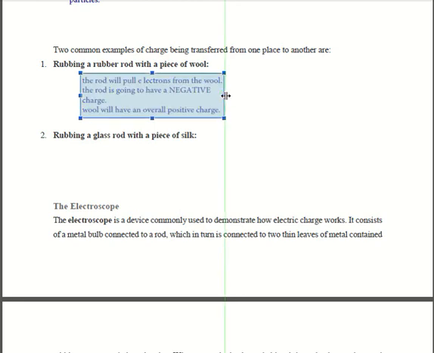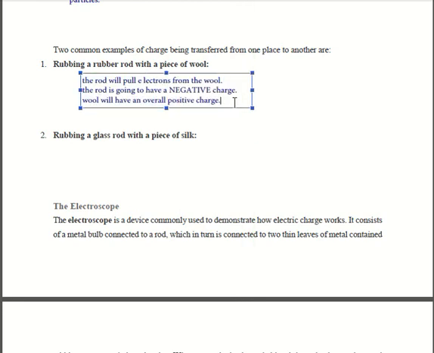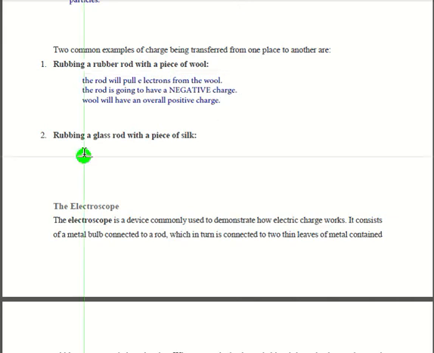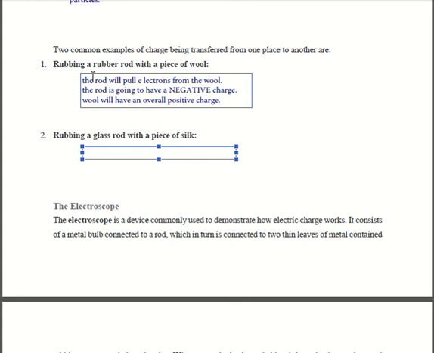So, kind of unlikely but entirely possible that you may run into questions that ask about this specific situation between the interaction of rubber and wool. Kind of the opposite thing happens in the example with glass and silk. In the first example up here, the rod pulled electrons from the wool.